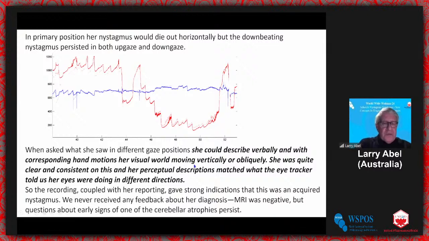So this is all very worrying. She had a negative MRI, but we never got feedback about what her final diagnosis was, but I was concerned about some of the cerebellar atrophies. So what was an ambiguous presentation clinically was clearly demonstrated not to be infantile nystagmus with recording.